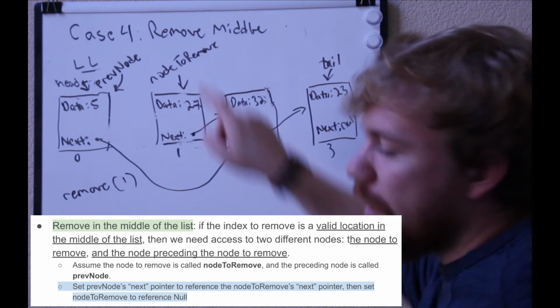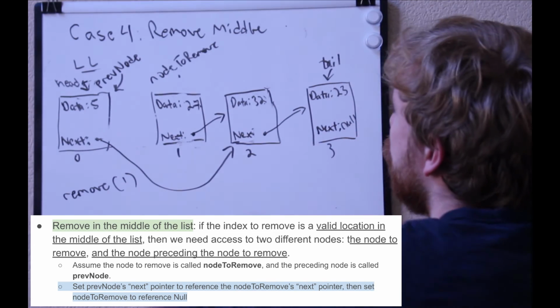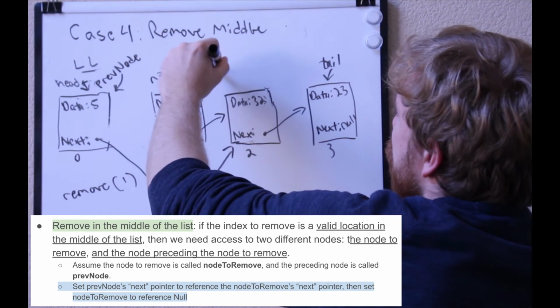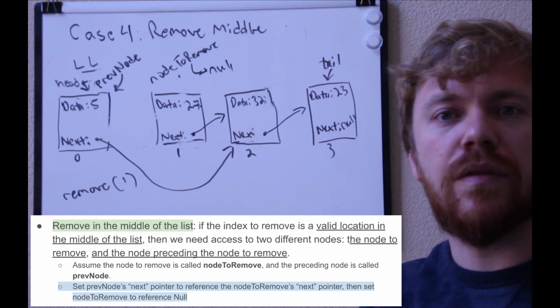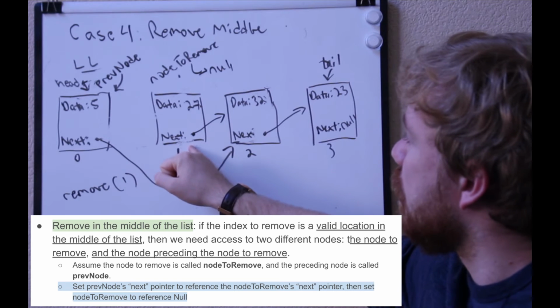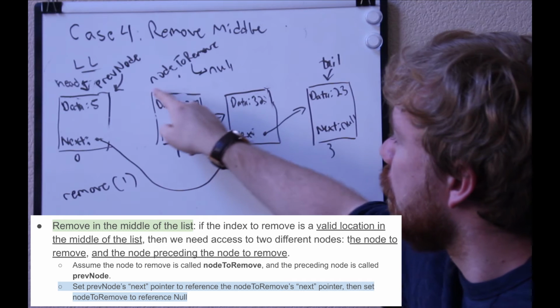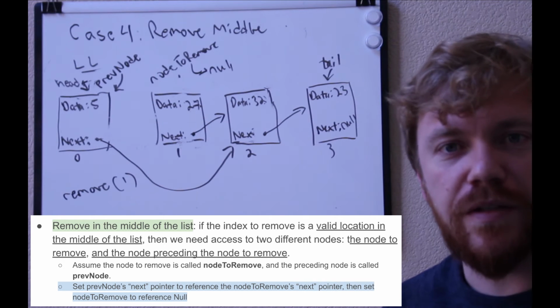And so why do we want to set the node to remove's reference to be null? That once again has to do with the garbage collection concept. Nothing now references this node's memory, and so because of that, it will get garbage collected.